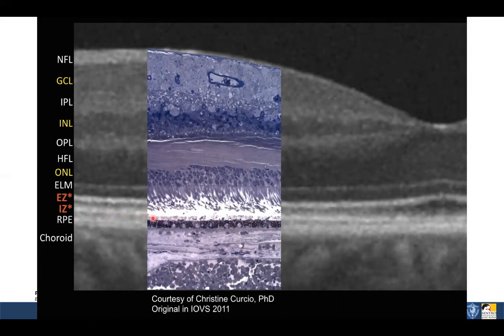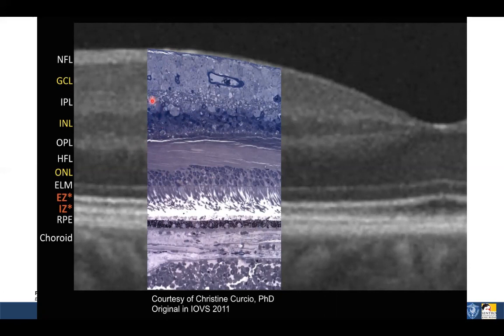This is the interdigitation zone just above the RPE. The ellipsoid zone, and then your external limiting membrane, and then your outer nuclear layer, which is composed of the nuclei of your photoreceptors. Then your outer plexiform, and then again your inner nuclear layer, which is composed of the nuclei of your bipolar cells.